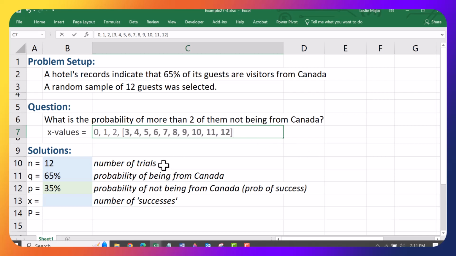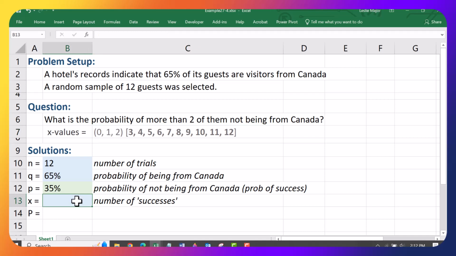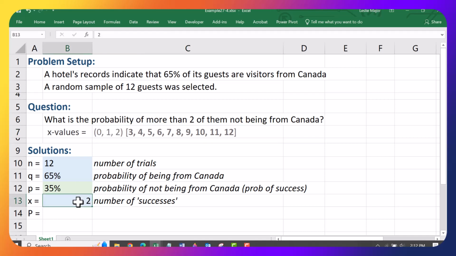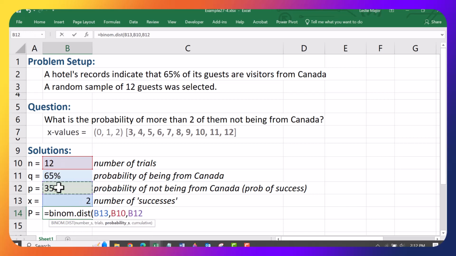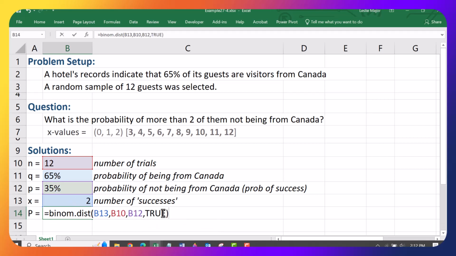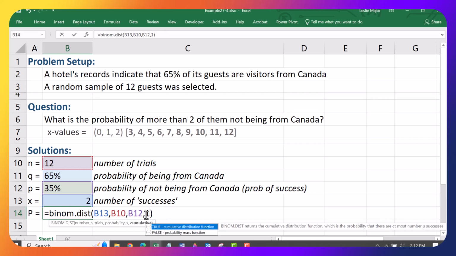Now in Excel, using BINOM.DIST, we're going to take the complement of the opposite of that, which is the 0, 1, and 2. We do that by setting x to 2, this upper limit here. Then we use BINOM.DIST, put in the 2, grab our n, our p, use cumulative equal to true, or if you want to save a bit of typing, use a 1 there.